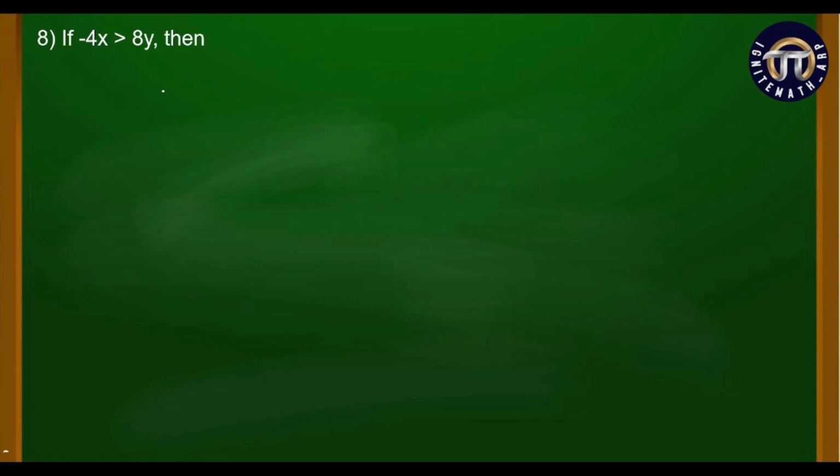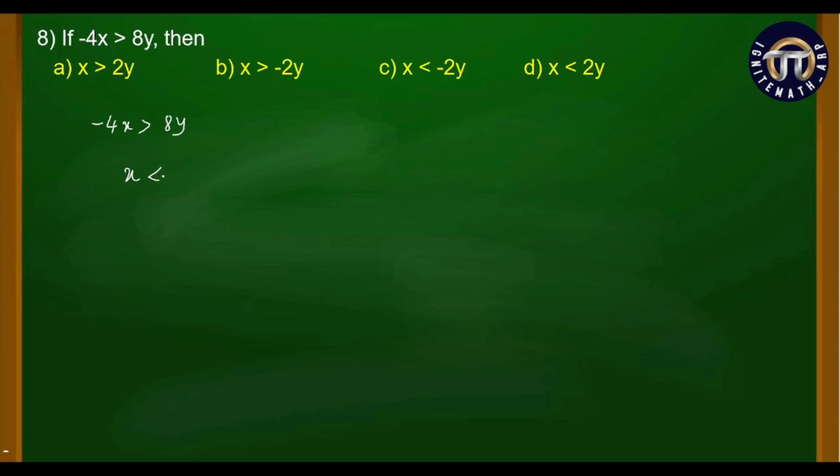They have given you an equation, and they are giving the options. See here what happens: minus 4x is greater than 8y. Clear? So whenever I multiply both sides of the inequation with a negative number, I get x is smaller than minus 8y by 4.